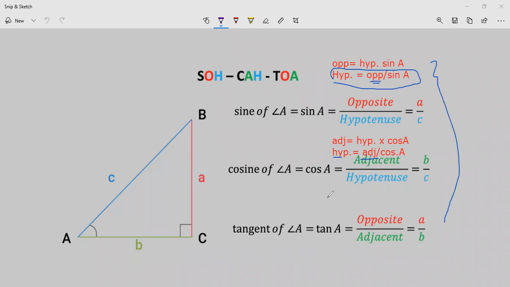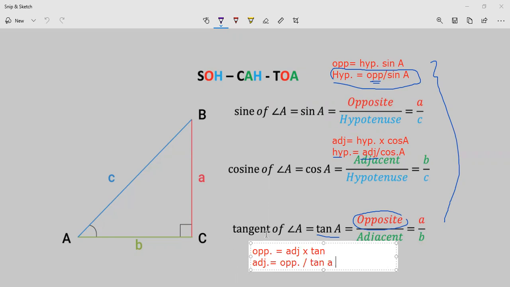Now, the last ones: if you want to find the opposite and you are not given the hypotenuse, you are given the adjacent, you multiply adjacent times tan of angle A. If you want to find the adjacent, but you are not given the hypotenuse, you divide the opposite by tan of angle A. Now you have the 9 rules.